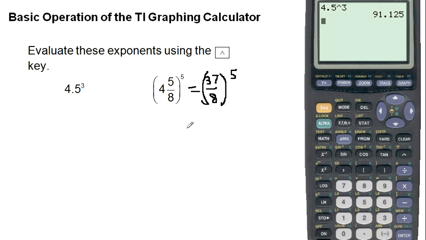And so we would enter open parentheses, 37 divided by 8, close parentheses, caret key to raise to the 5th power, and hit enter. Now if you don't want that as a decimal, if you want it as a fraction, you would hit math 1, enter.